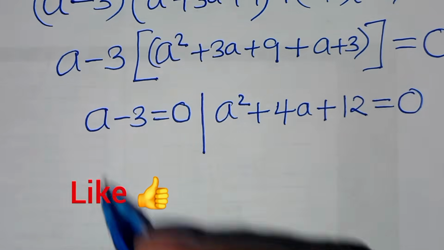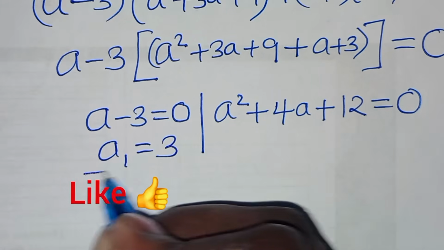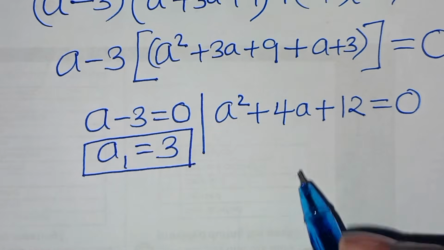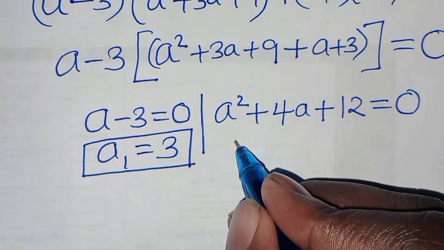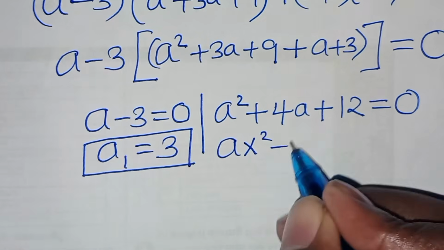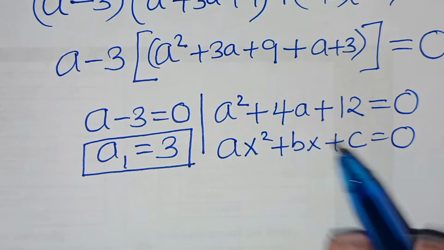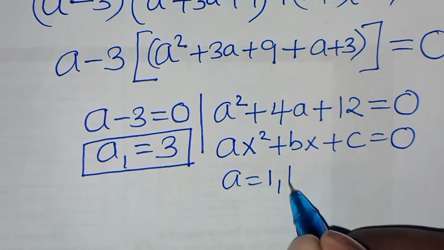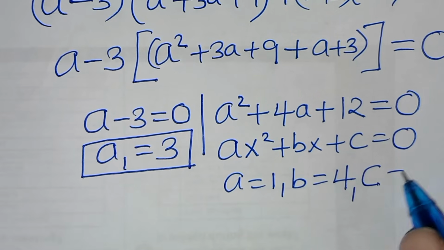From the first part, we find that a1 is equal to 3. This is the first real solution. The second part is a quadratic equation of the form ax squared plus bx plus c equal to 0. From this quadratic equation, a is equal to 1, b is equal to 4, and c is equal to 12.